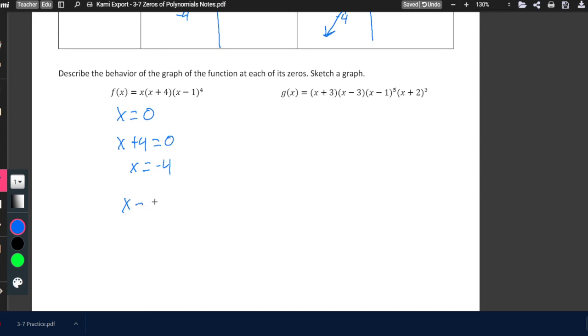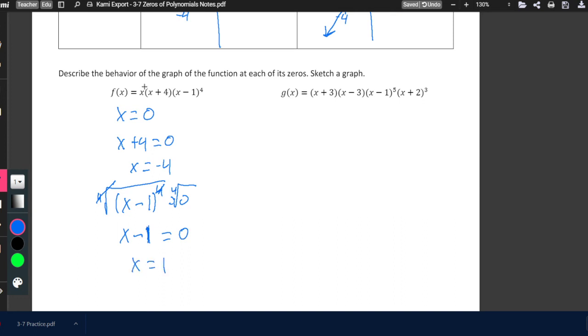And (x minus 1) to the 4th equals 0. First thing we're going to do is take the 4th root, and the 4th root and the 4th power cancel, and we just get left with x minus 1. The 4th root of 0 is 0, and we just get left with x equals 1.